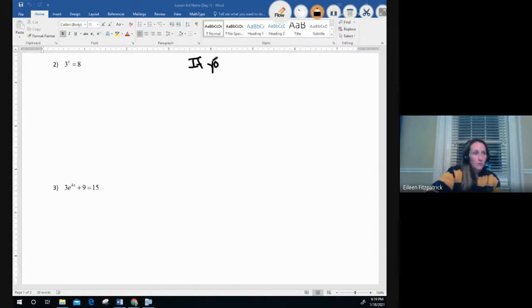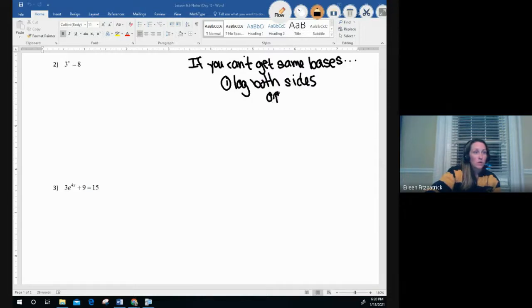if you can't get same bases, you're going to do one of two things. You're either going to log both sides or you're going to change forms.